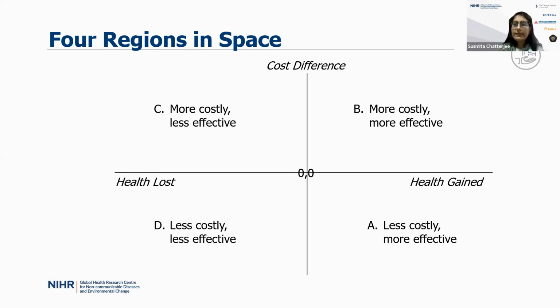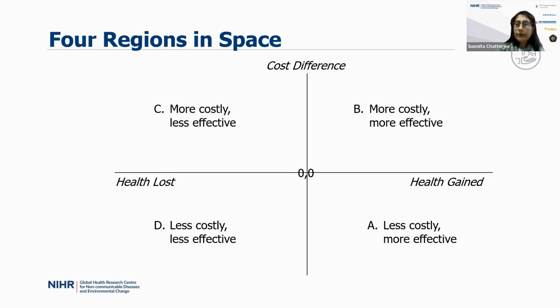The horizontal axis tells me about the health lost or health gained. Towards the right of zero, zero is the health gain. That is the positive health of your intervention as compared to the comparator. The health is improved if you do this new intervention.